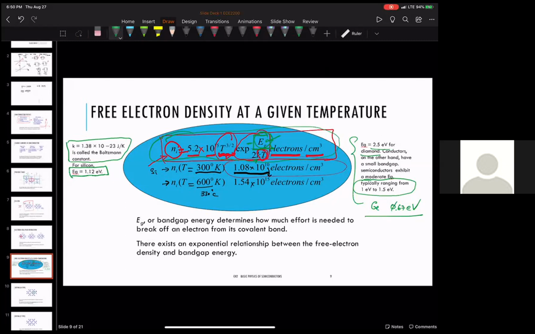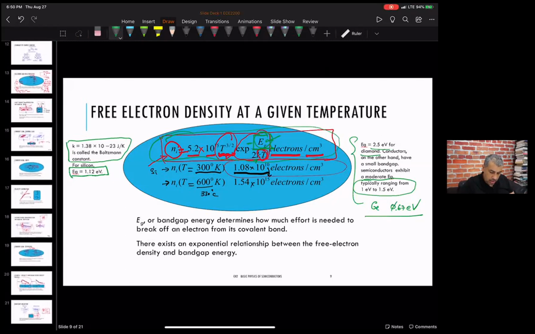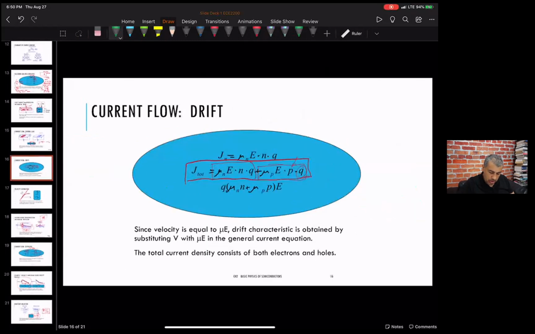Wait, Professor? Yeah, I have a question. Sure. On the transportation mechanism drift slide, I don't know if I'm thinking wrong, but there might be something off with the math. Okay, there sometimes is. Can you tell me which number?